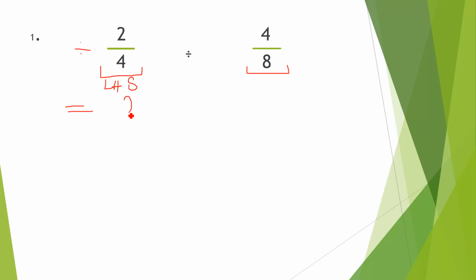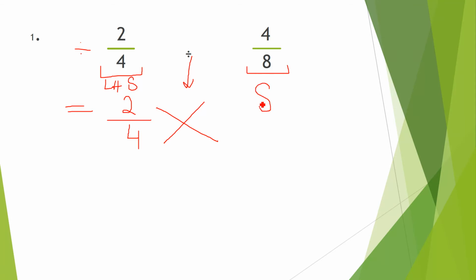The left hand side you have to write down as it is, 2 divided by 4, right? And this division sign you have to convert into multiplication. This is the multiplication symbol. Then this is 4 divided by 8. When you convert this division symbol into multiplication, then the right hand side fraction will change.